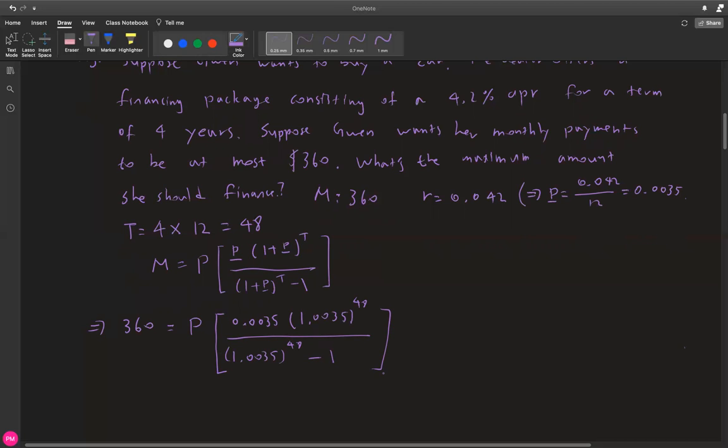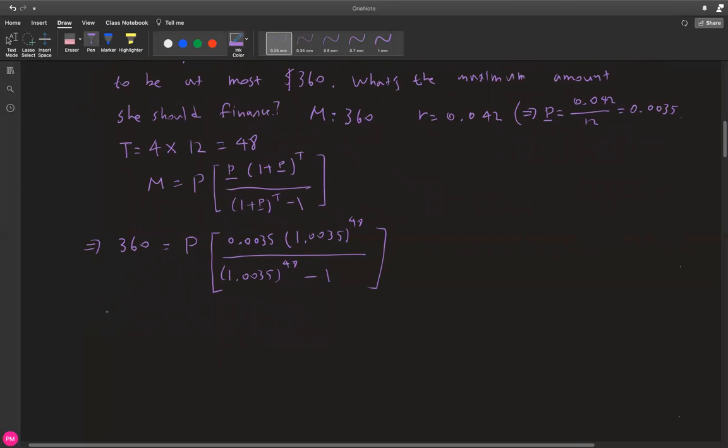So again here, the way to solve this for P is that you first compute whatever is in the bracket first and divide each side by the value of the bracket.